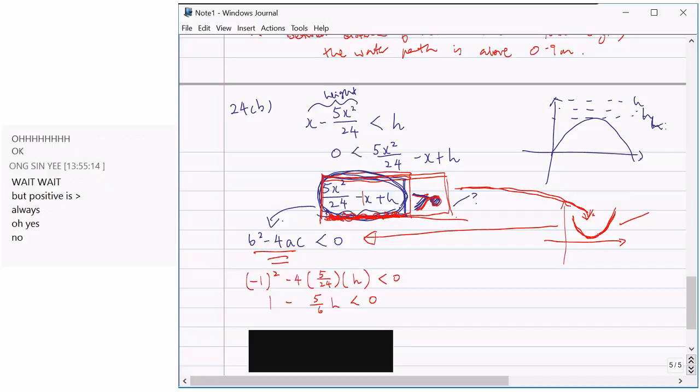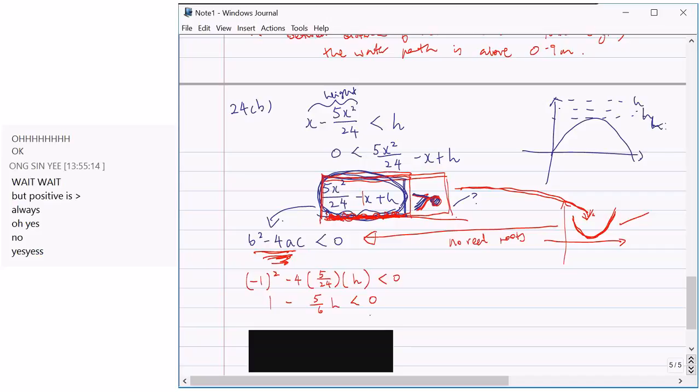No real roots. What do you know about no real roots? You know the discriminant must be less than 0. So it's like one thing leads to another, leads to another.